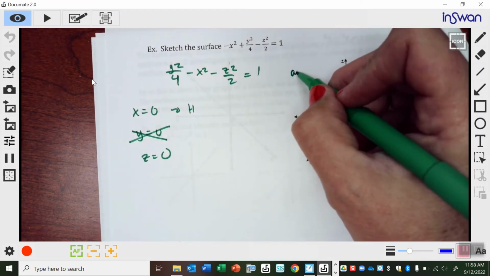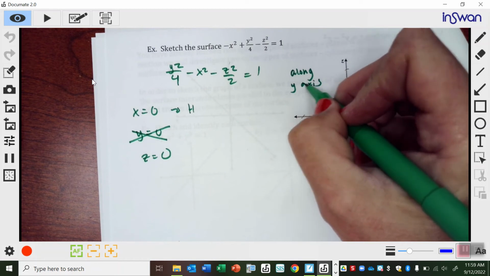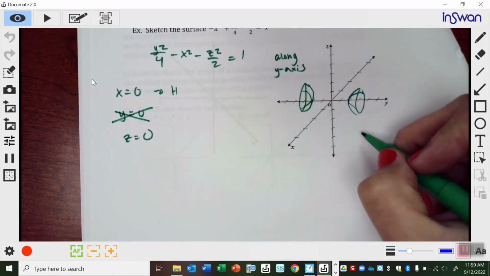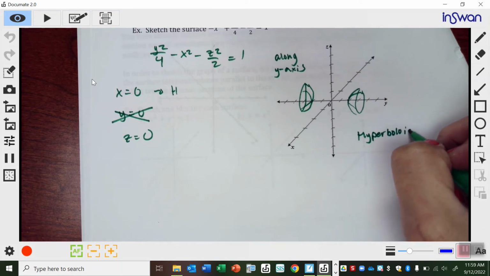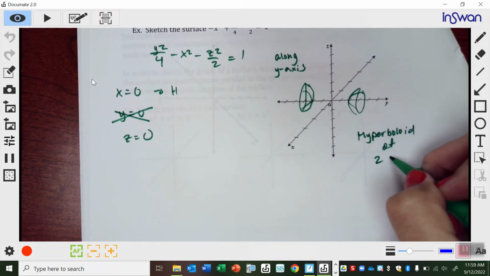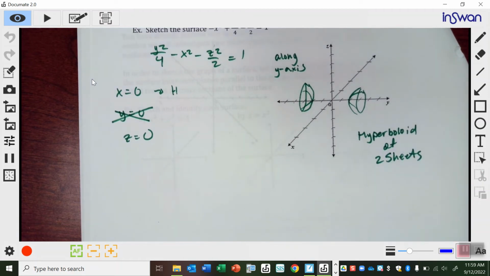So along the y-axis. And this is called a hyperboloid of two sheets. Okay, like two little bowls, or cups, I guess you could say.